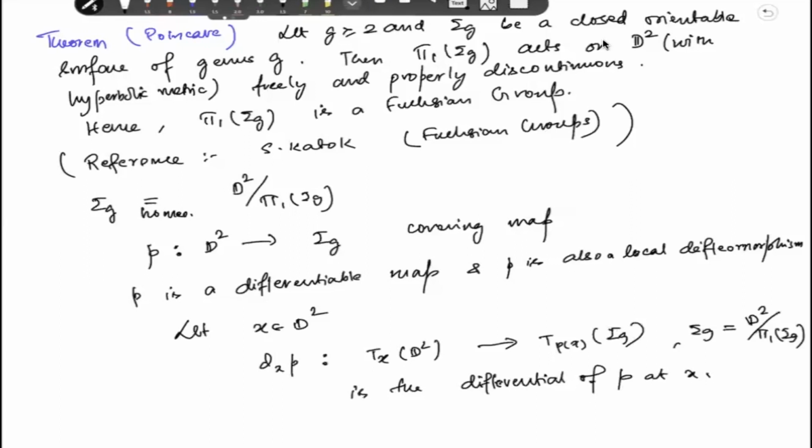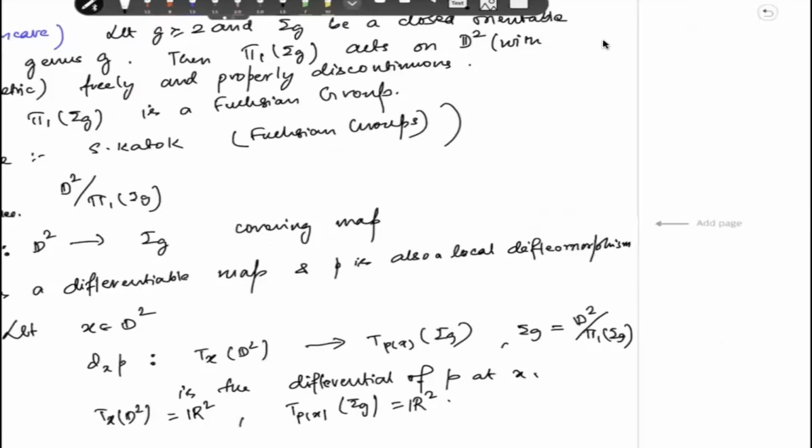The tangent space of the disk is just R2, and since sigma g is a surface, its tangent space is also R2. Since P is a local diffeomorphism, this implies the differential is an isomorphism, a map from the tangent space of the disk to the tangent space of the surface.